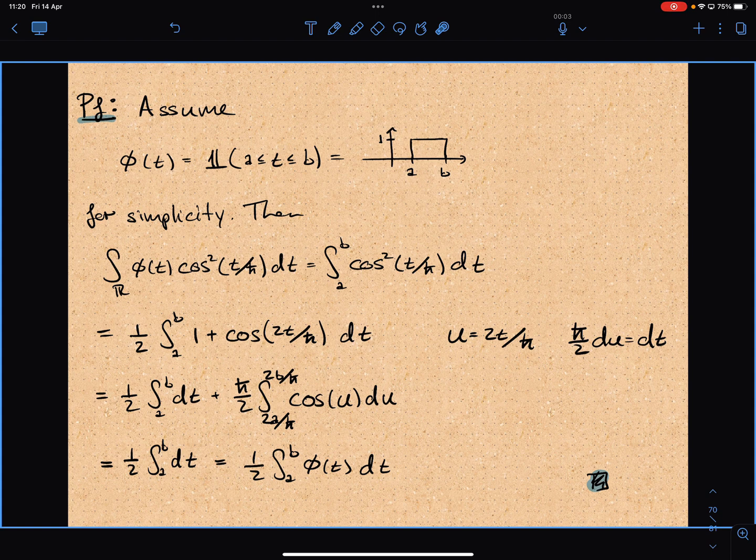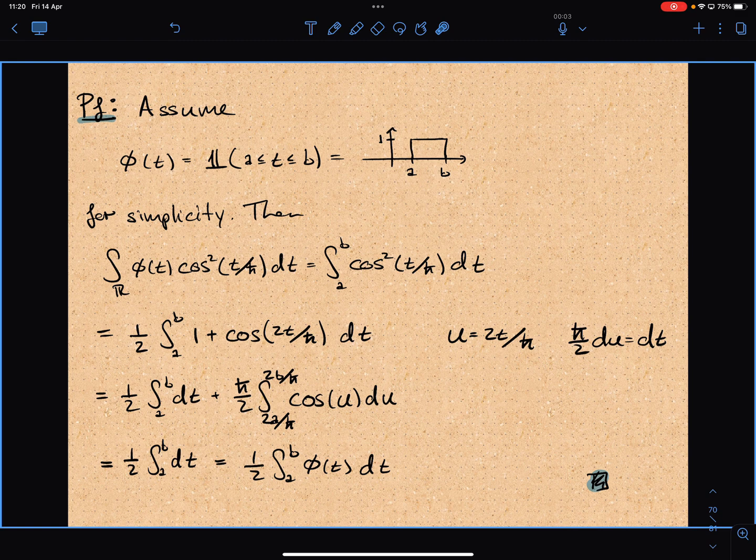I'm going to take, for phi, the indicator function between a and b. Meaning that if t is between a and b, then the function is equal to 1, and outside that region the function is equal to 0. So if I take this integral, since it's 0 outside a and b, it's the same as just having an integral from a to b multiplied times 1.